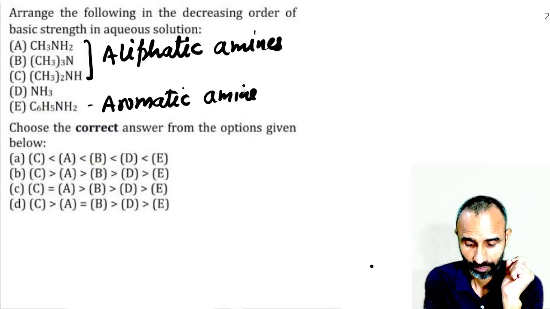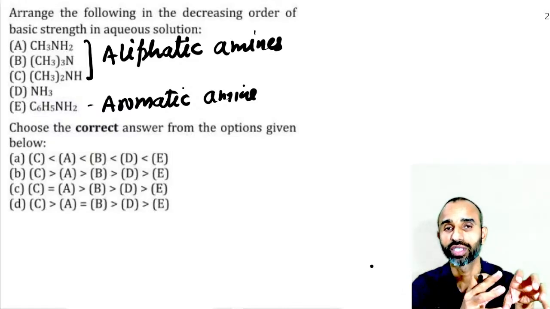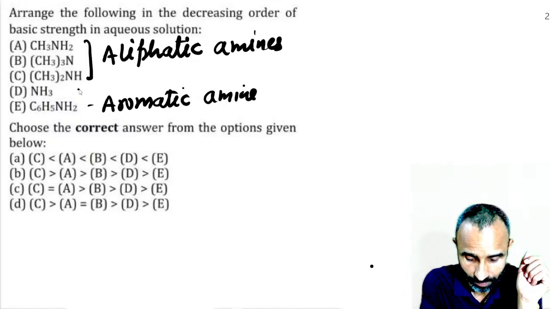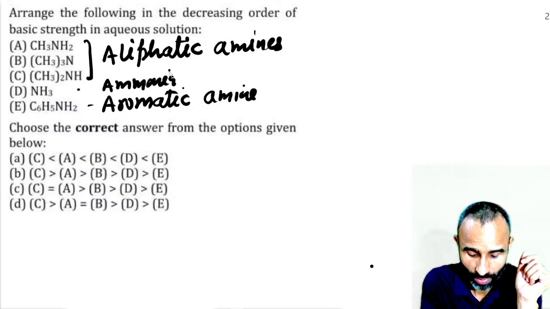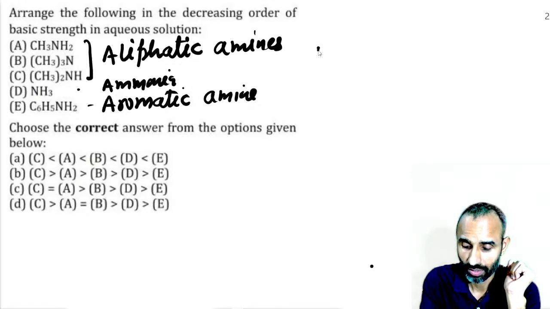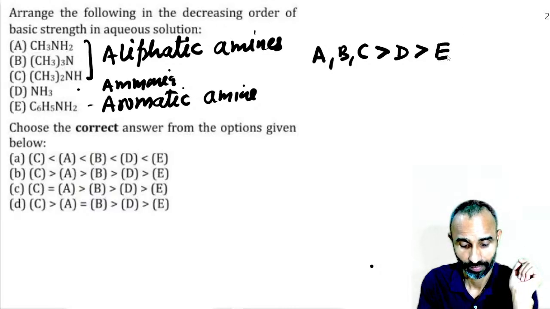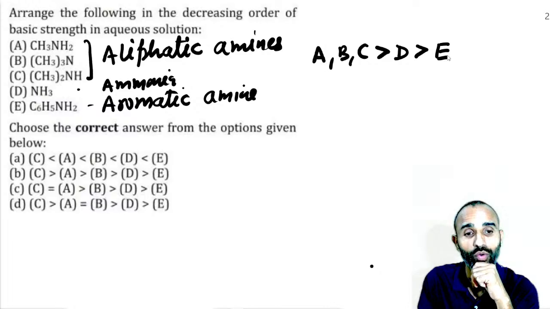So obviously, see the order, aliphatic amines are more basic than ammonia, and aromatic amine is less basic than ammonia. That means A, B, C should be more basic than D, which in turn is more basic than E. Now these are the methylamines.